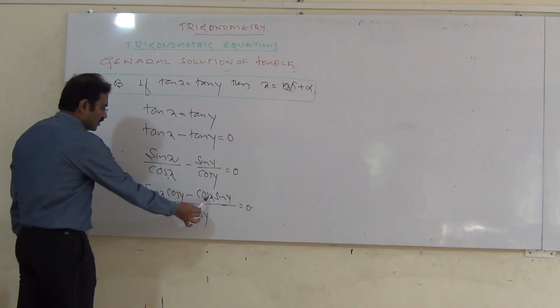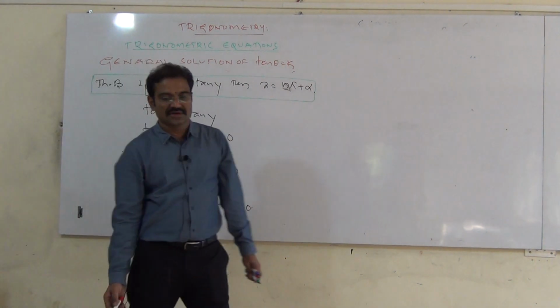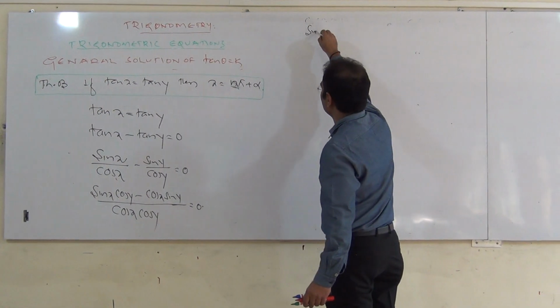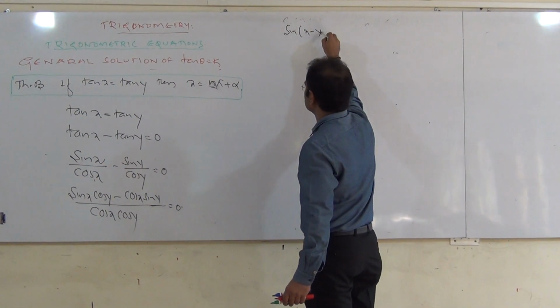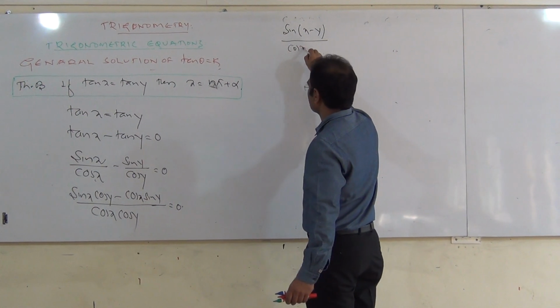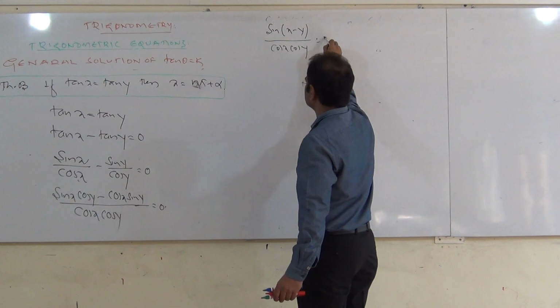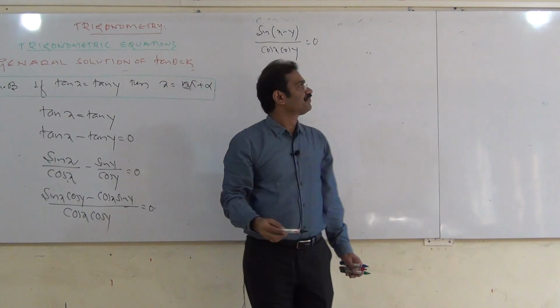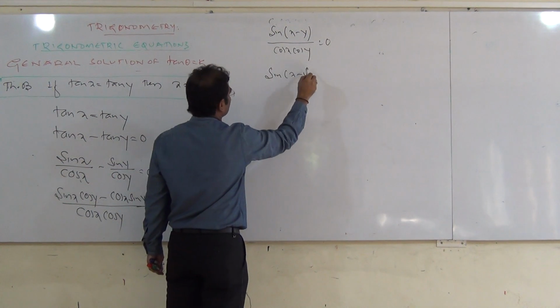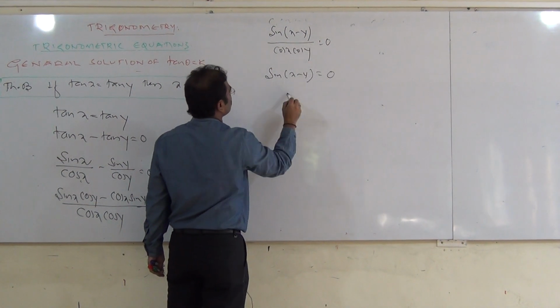Now sin a cos b minus cos a sin b, we know this fact. What is that? Sin of a minus b. So sin of x minus y divided by cos x cos y is equal to 0. Okay? Or sin of x minus y is equal to 0.